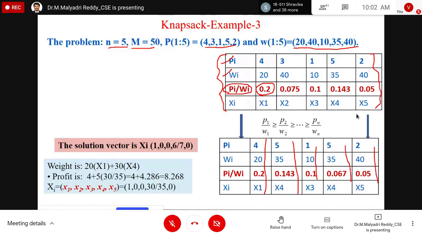So how will you select the items? This is an empty bag. First I am inserting the maximum PI by WI value, 0.2. Its weight is 20, sir.